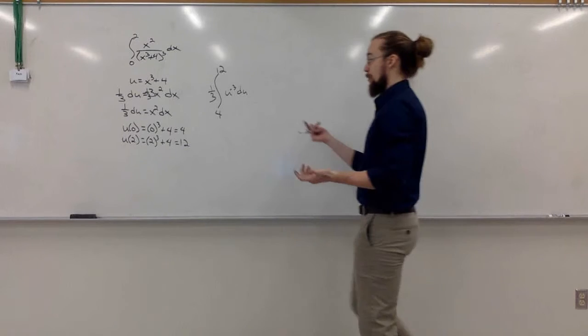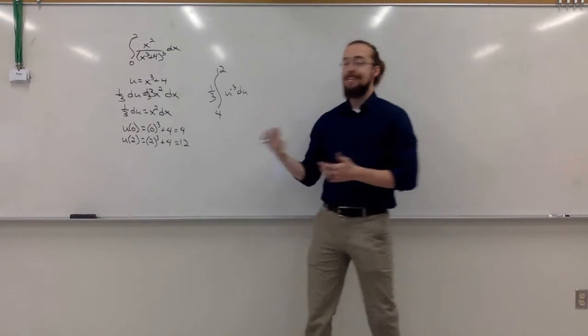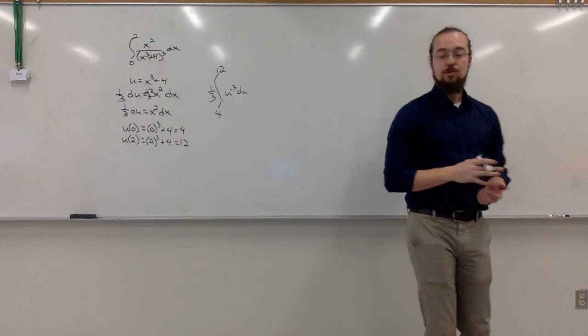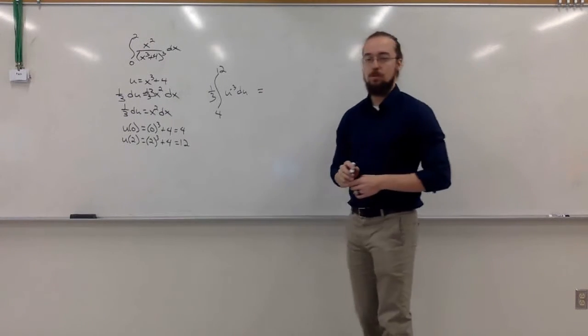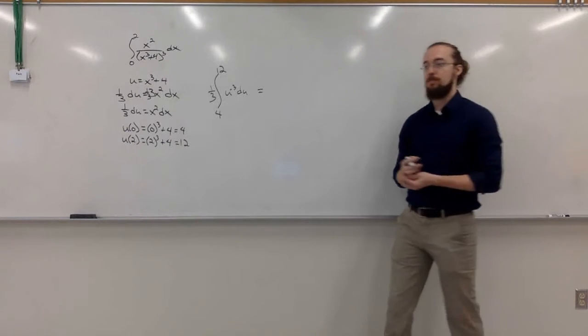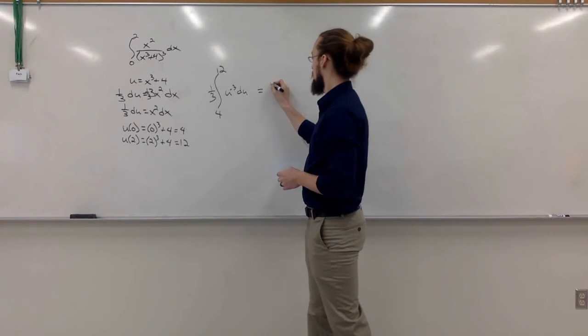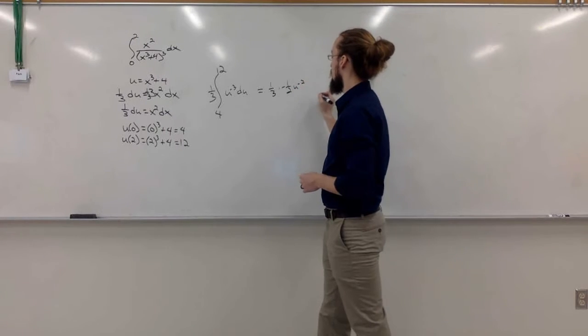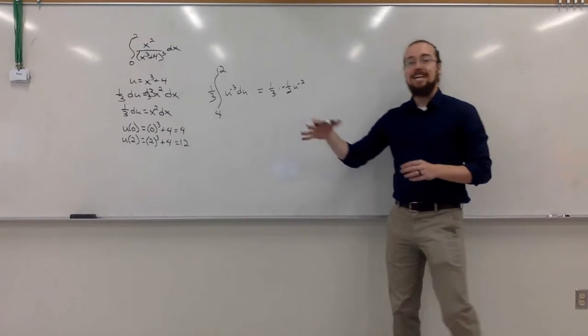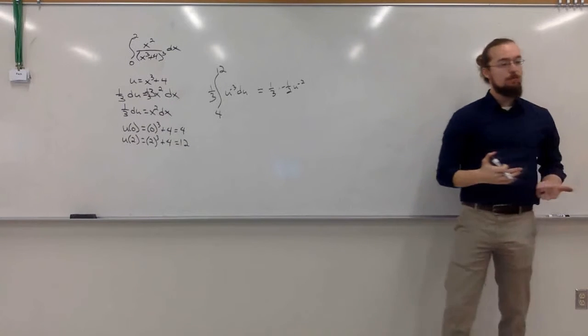So now we would go through the same process of taking the antiderivative here. What's the antiderivative of u to the negative third du? You want to have u to the negative second. And now, since this is a definite integral, I don't put plus c.